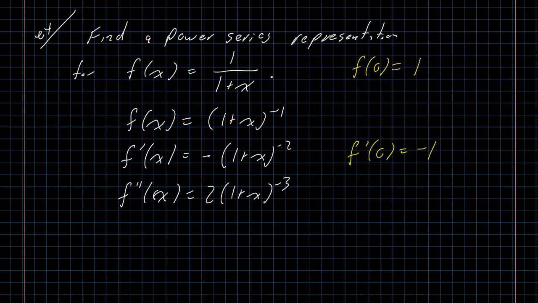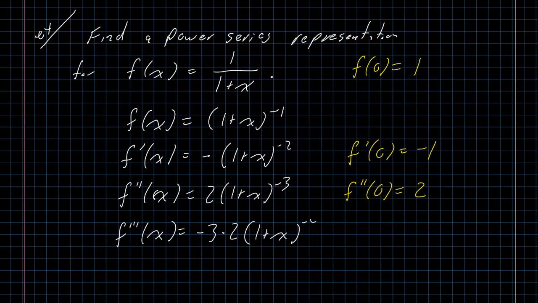Taking the next derivative, I will get 2 times 1 plus x raised to the negative 3rd power, and when I evaluate this at 0, I'm going to get positive 2. If I take the third derivative, I will get negative 3 times 2 times 1 plus x to the negative 4th power.